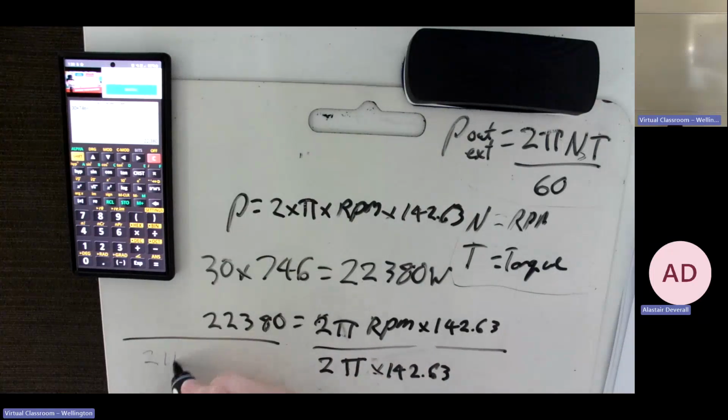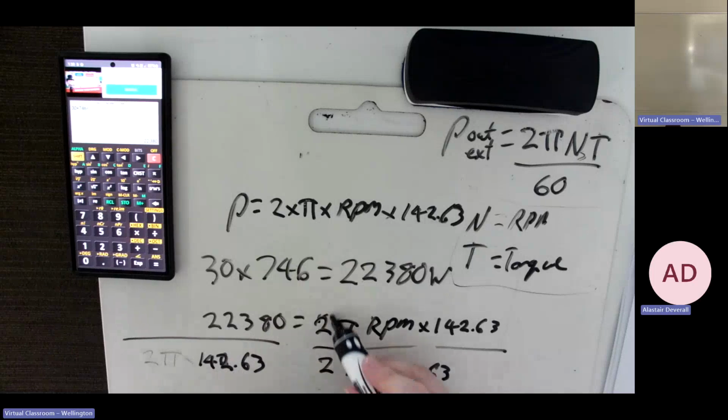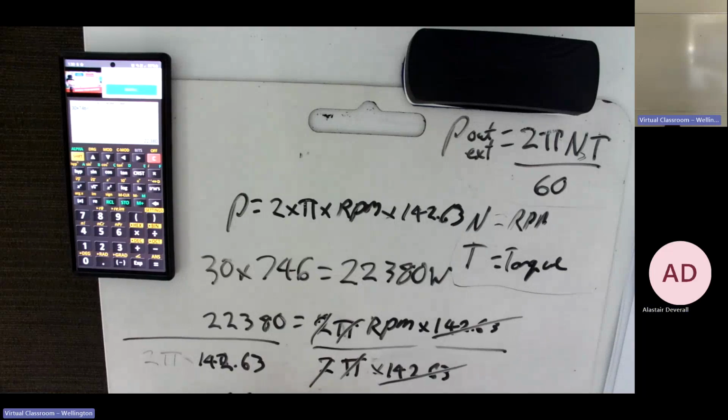So 2 times pi times 142.63. The 2's cancel out, the pi's cancel out, the 142's cancel out. So now we have RPM equals 22380 divided by 2 pi times 142.63.